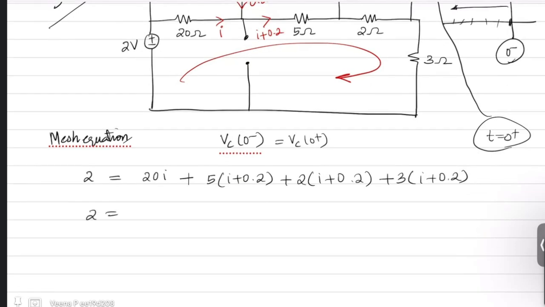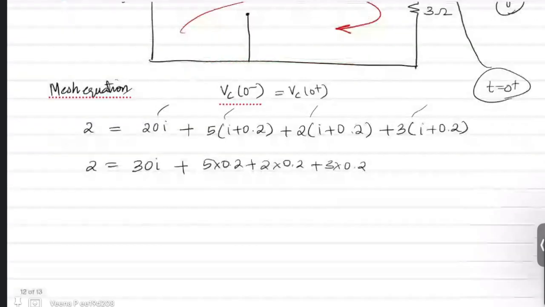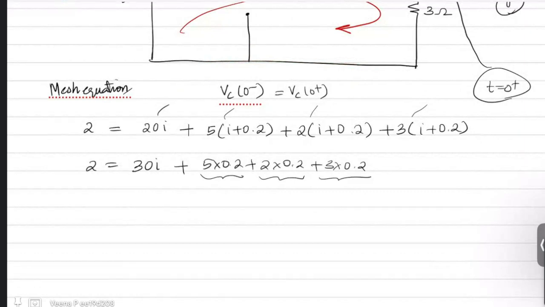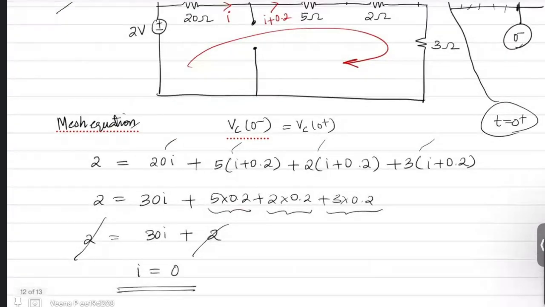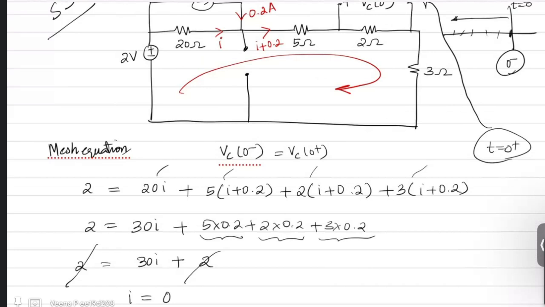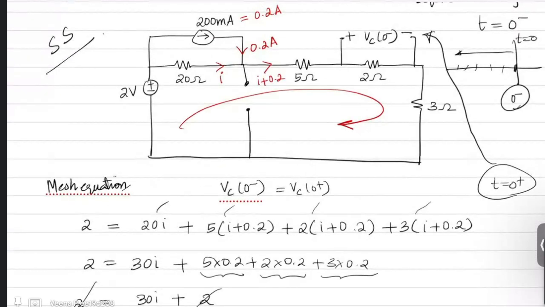So this is 2 is equal to 20I plus 5I plus 2I plus 3I, which is 30I plus 5 into 0.2 plus 2 into 0.2 plus 3 into 0.2, which comes out to be 1 plus 0.4 plus 0.6, which is also 2. So this is the mesh analysis equation. So 2 comes on both sides, that means I is equal to 0. So just before the switching in the circuit, this current I is 0.